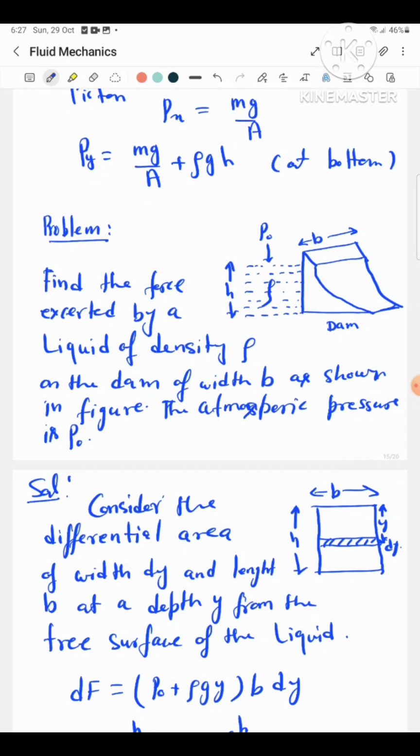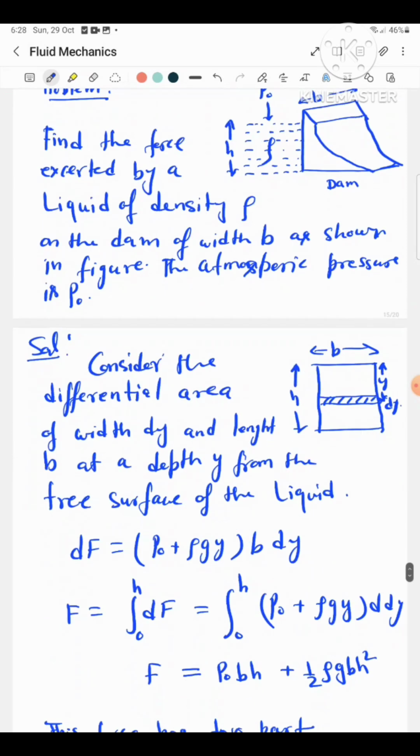Force due to atmospheric pressure will be, what is the area of the dam side? B into h, and pressure is P naught, which is working perpendicular on the side throughout the liquid height. So the force will be P naught into B into h.